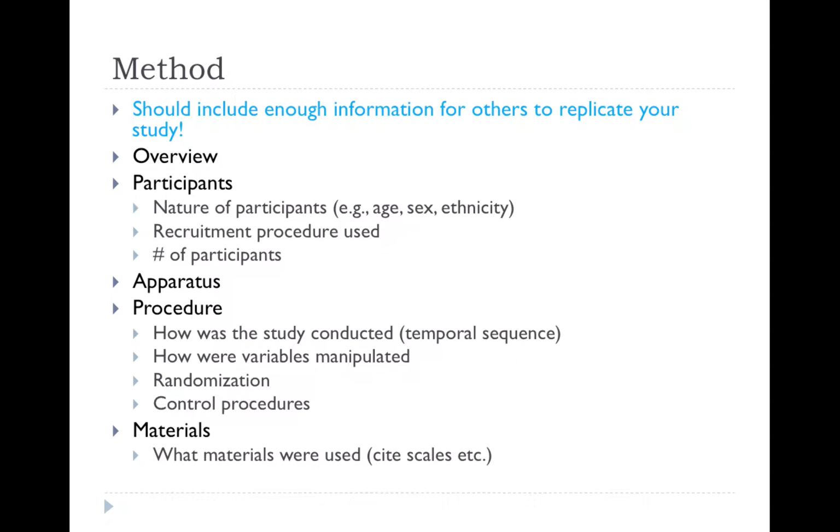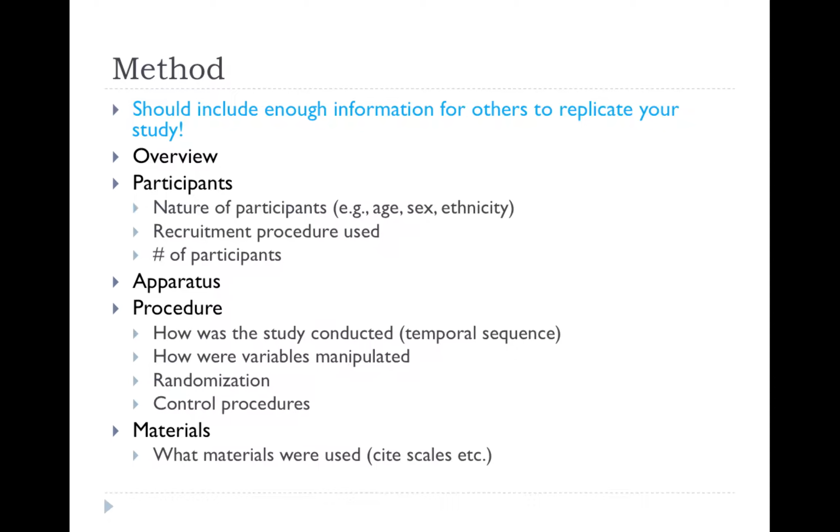Next, you're going to transition to your method section. One thing you should keep in mind when writing your method section is that you should include enough information so other people could actually replicate your study. So ideally, you would give an overview of your study. You would describe your participants.